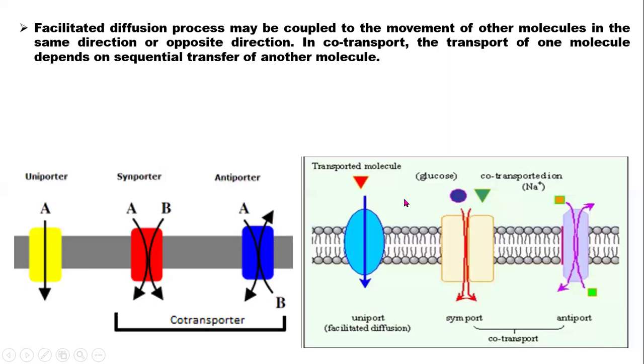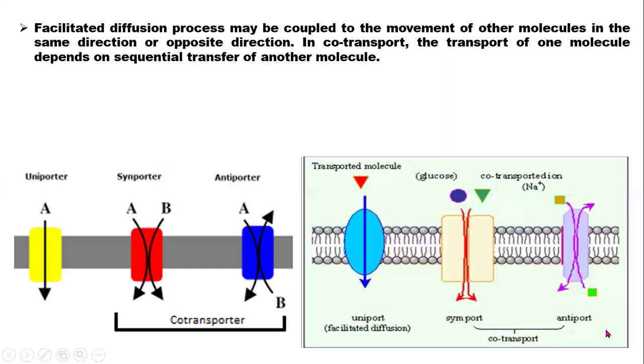If you look at the example here, the sodium glucose transporter is an example of a protein that carries out that function of symport, okay? While you can have the sodium-potassium transporter as an example of antiporter, where you have transport of sodium and potassium in different directions.